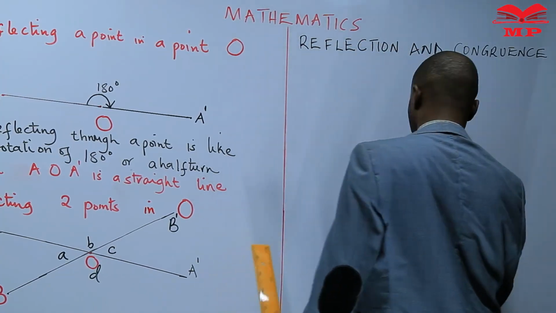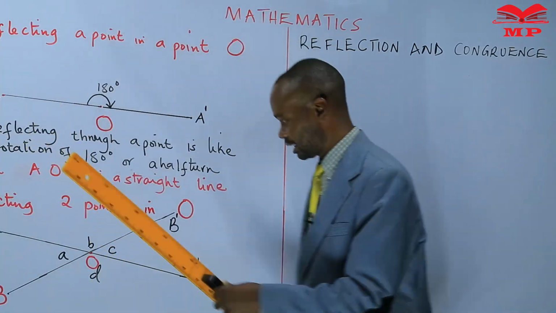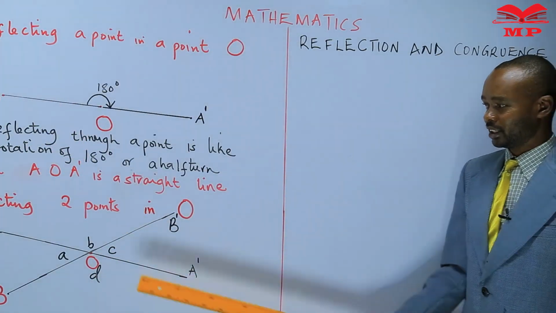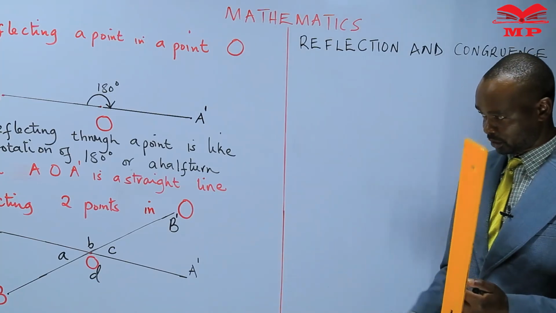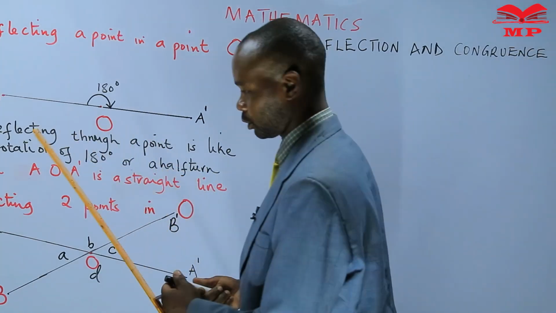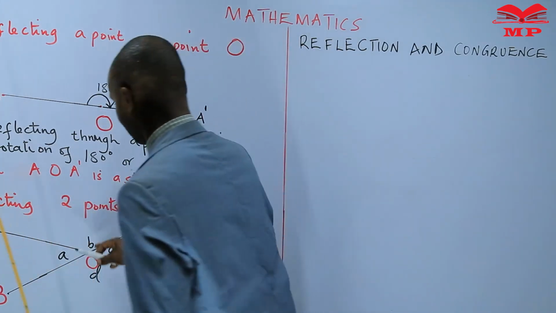What deduction do we get when we reflect 2 points in a point? We get a series of vertically opposite angles. So we shall prove it.